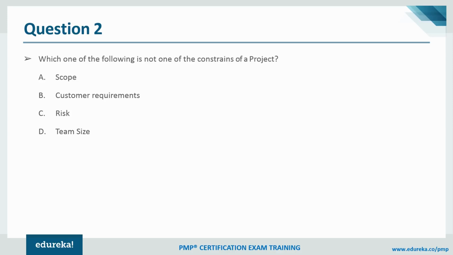We saw that. Now what is left is team size, and team size is not one of the constraints of the project. Now this is a tricky one, because all of you can say that team size impacts our cost. So let us look at the situation. Your budget is approved, your project is approved, the budget given to you is, let's say, $100,000, and in $100,000 you need to create a team.